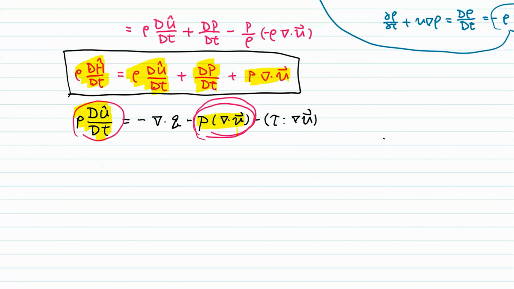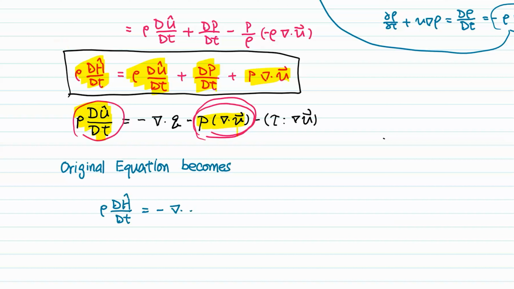So finally, the original equation becomes rho DH/Dt equals negative gradient of the heat conduction minus the change by viscous dissipation plus the substantial derivative of pressure with time.